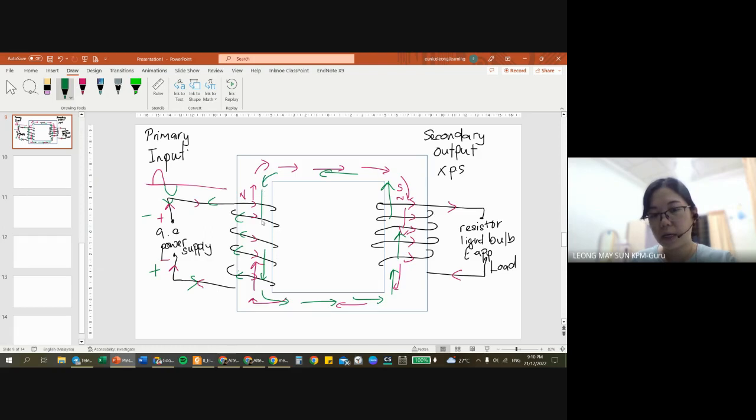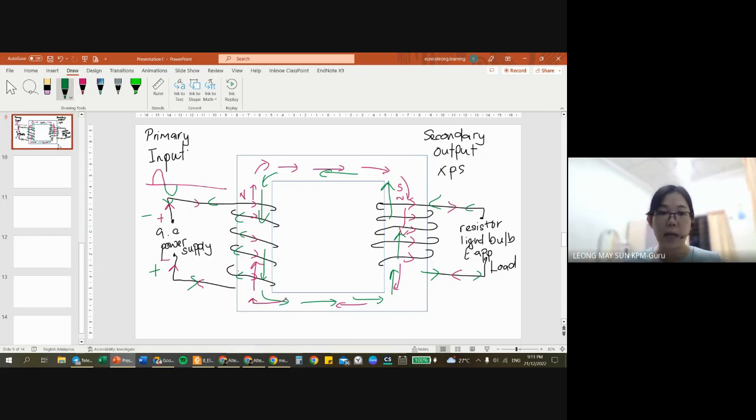So when the magnetic field produced by the primary coil moves towards the secondary coil, this is when the magnetic field will induce EMF in the secondary coil. So it will cause a current to be induced in the secondary coil. So this is the whole entire working principle of a transformer.